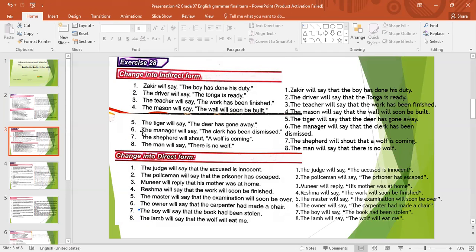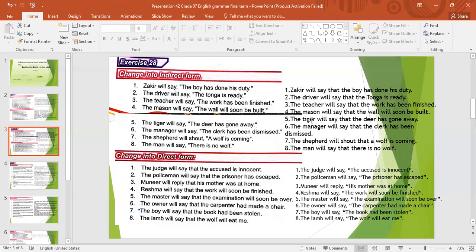Number 5, the tiger will say, "The deer has gone away." So here is the indirect speech: the tiger will say that the deer has gone away.